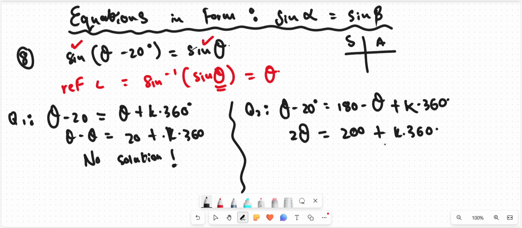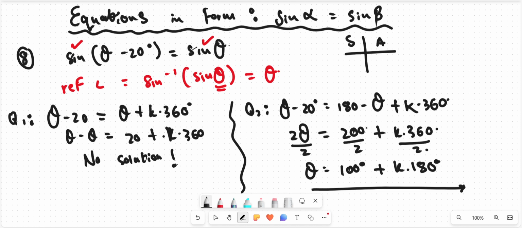And if you have a 2 theta there, you have to divide by 2 in all of these. And so theta is actually 100 degrees plus K180. So in one of the quadrants, there is no solution. In the second quadrant, theta is 100 plus K180, where K is an element of integers. And there we go. I hope this makes sense.